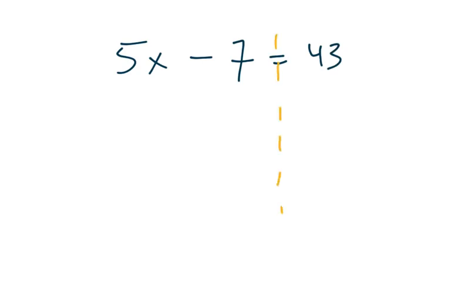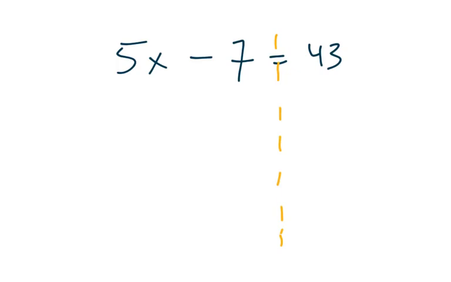Okay, let's do one more. Let's do 5x minus 7 equals 43. Okay, so let's start with our brick wall.